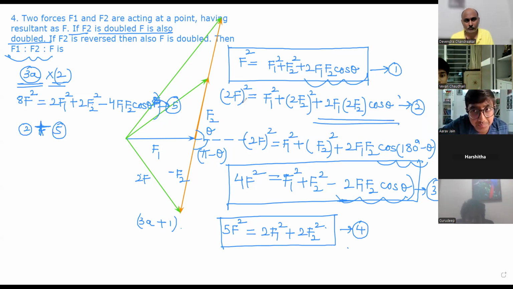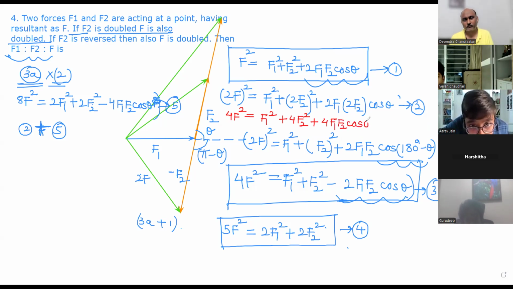So, my dear children, when I add these two, this is how much. I'll just expand this equation, right? One minute. So this is 4f square. Just pay attention, see what is happening here. This is f1 square plus 4f2 square plus 4f1 f2 cos of theta. This is the second equation only. I've just elaborated it.